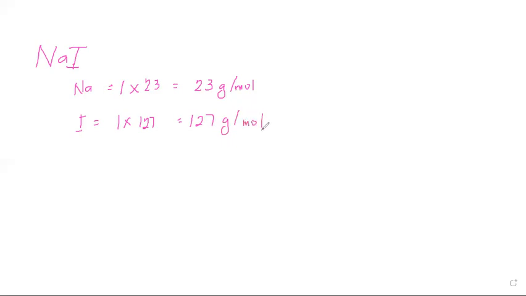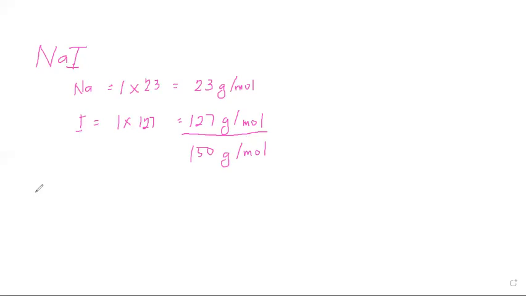So to identify the total mass, you are going to add 23 and 127. If I'm not mistaken, you are going to have 150. Let me just check. So you have 150 as the total mass of the compound.